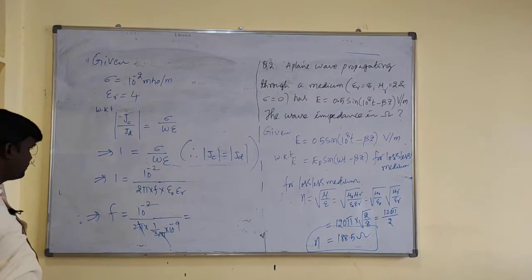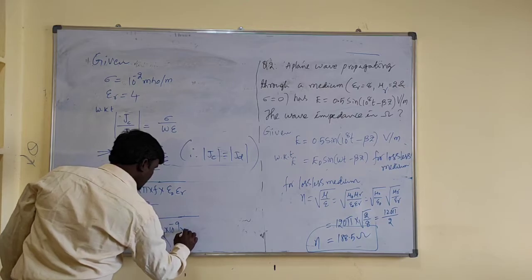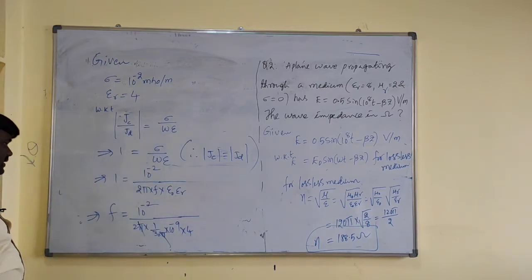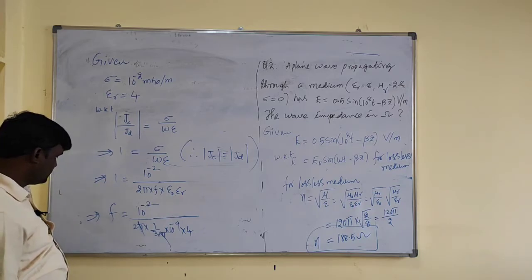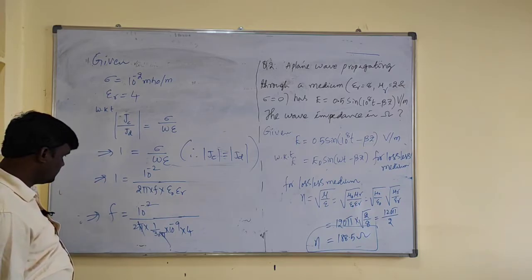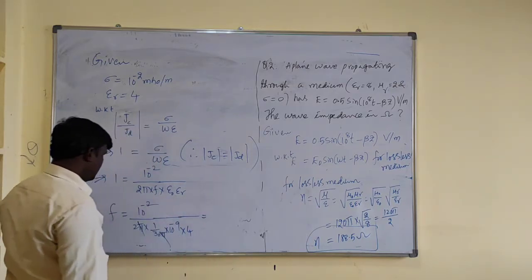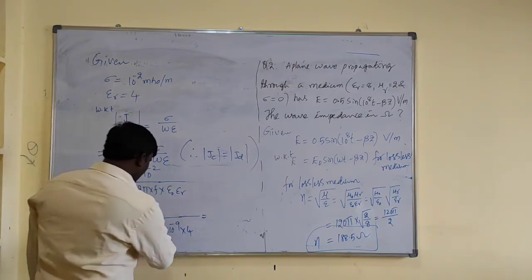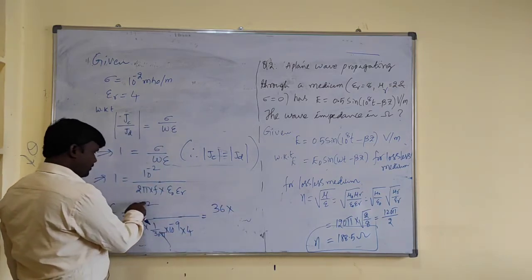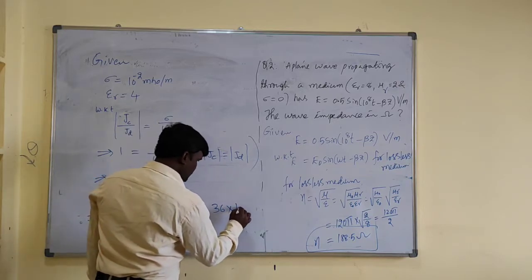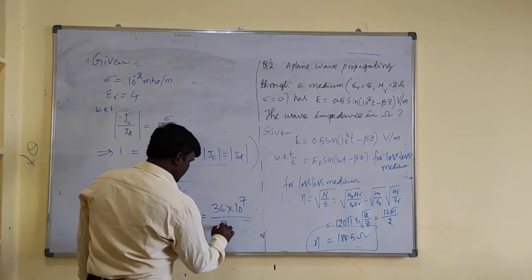Epsilon naught. I forgot to write one thing. This is epsilon naught only, and we also have the epsilon r value, that is 4. So that is 2 into 4. Now we can write this like this: we can send this 36 to the numerator, and 10 to the power minus 2 by 10 to the power minus 9 is 10 to the power 7 by 2 into 4.